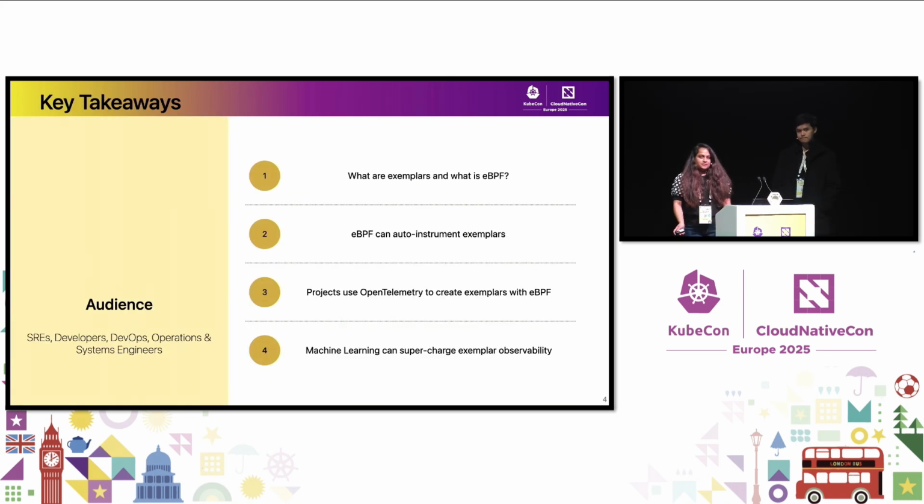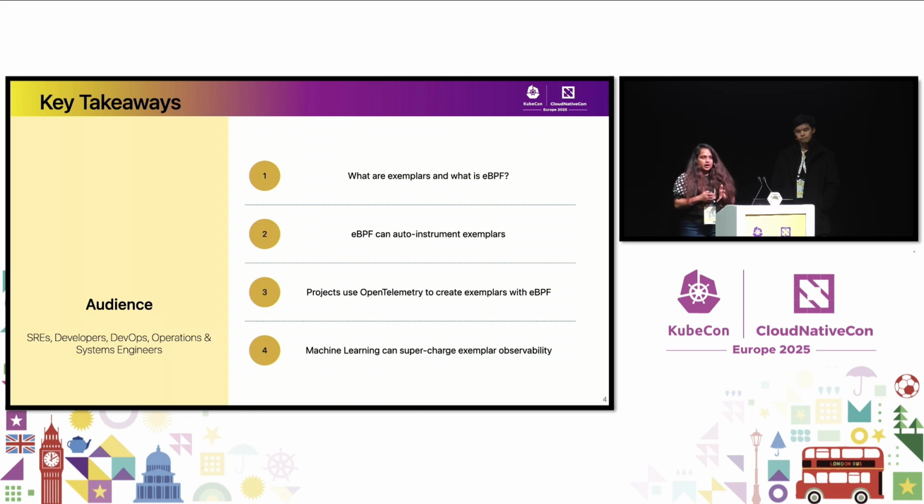If you're here today, it doesn't matter what your background is, if you're an SRE, a developer, or a DevOps engineer, you will take away how to use exemplars to supercharge your observability and your debugging abilities. So what are we going to cover today? We'll talk a little bit about what exemplars are and what eBPF is.